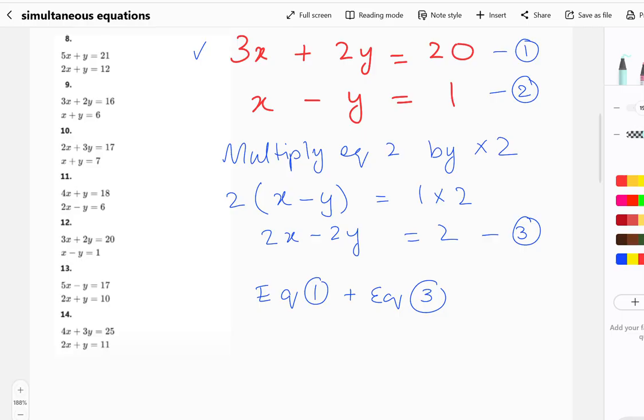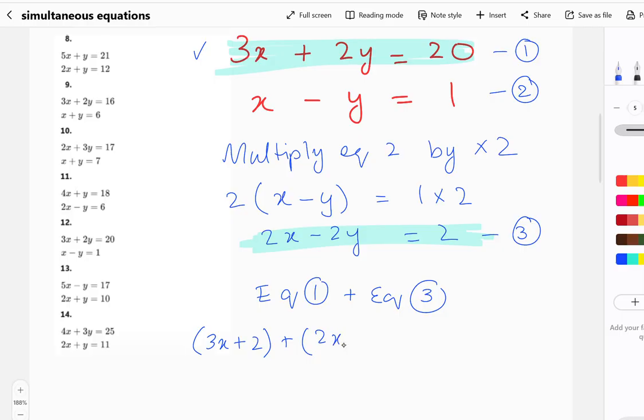Maybe I'll just highlight them, this one, this one. Okay. So 3x plus 2y, we're adding it with the left hand side of equation 3, which is 2x minus 2y, and then the right side 20 plus 2.